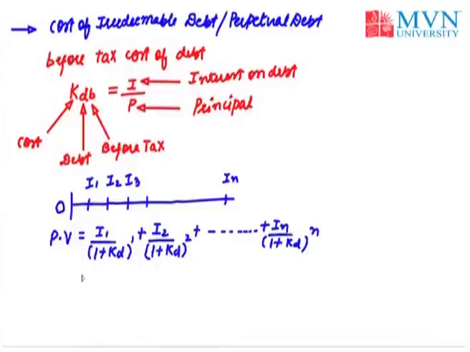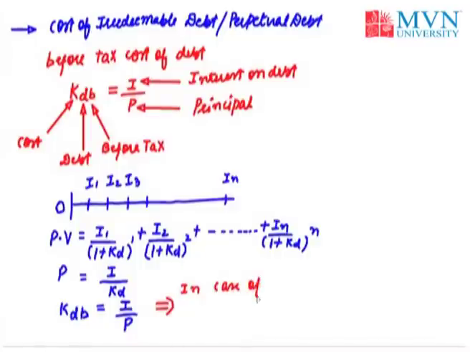Therefore, we can denote the series by I and the whole of the denominator series by KD, and here we can write P. From this you can see that KDB, that is cost of debt before tax, will stand to I divided by P, which is the formula of cost of debt before tax.